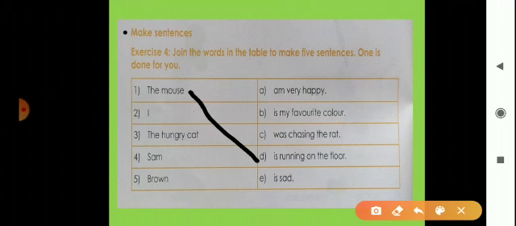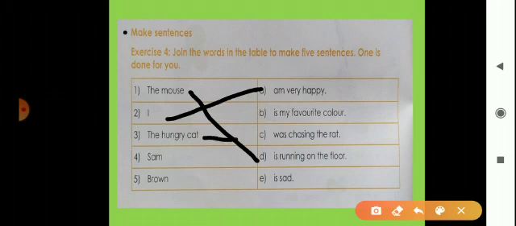Okay. Then I. Here is I. Then after I, we should use am. And the sentence of am is here. Okay. I am very happy. Third is the hungry cat. The hungry cat was chasing the rat.